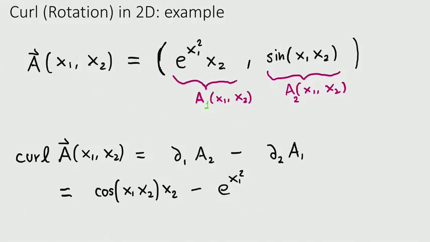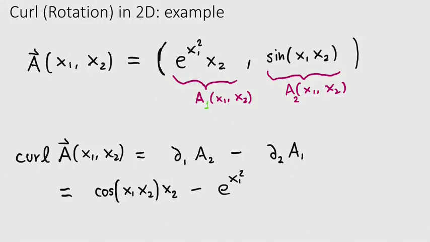And if you apply the 2-dimensional curl operator, the curl of this vector field A, we just apply the formula, and we get del 1 A2 minus del 2 A1. Just plug in the formula. Then what we get, the del 1 derivative of A2, that's cosine of x1 x2 times x2.